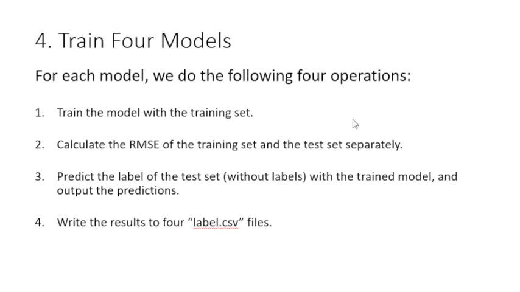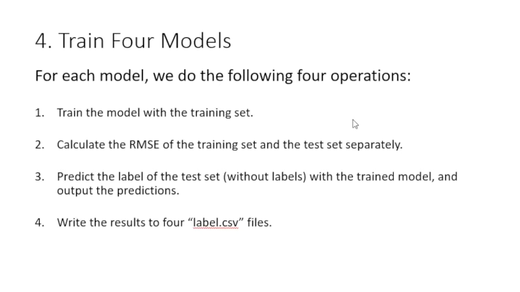Now I will talk about the model part. Now we have already processed our data and got the prepared train set and test set, so we can train 4 different models. For each model, we do the following 4 operations. The first step is to train the model with the training set.